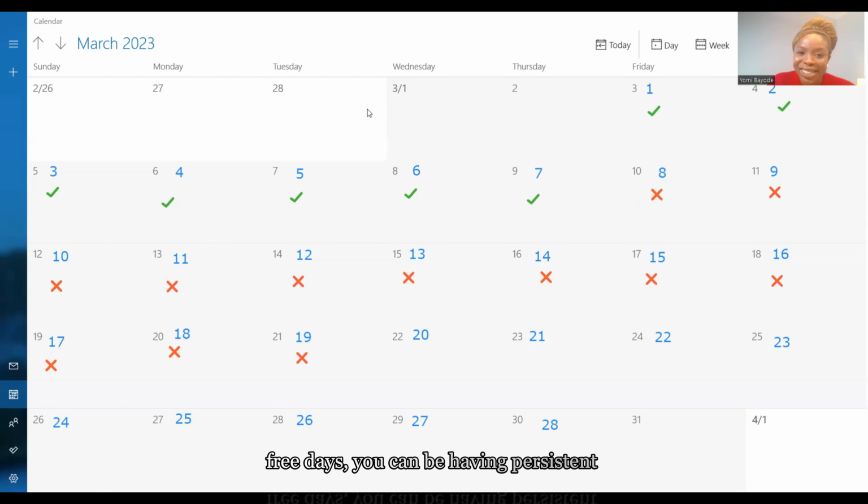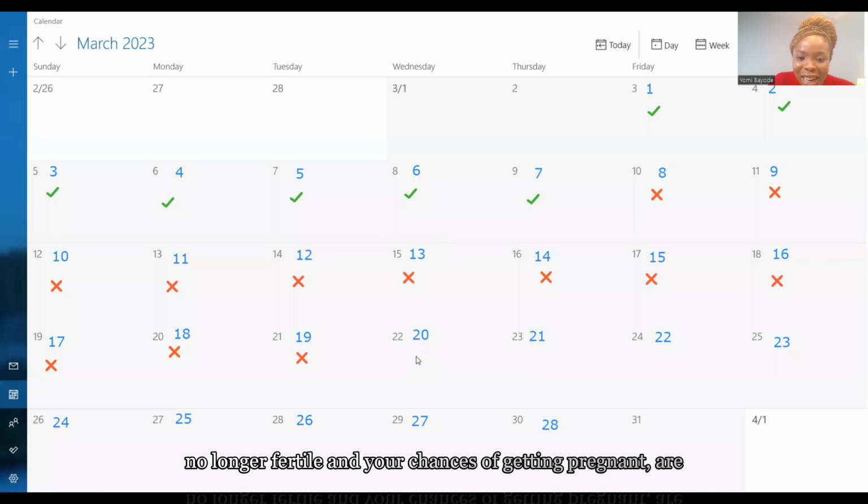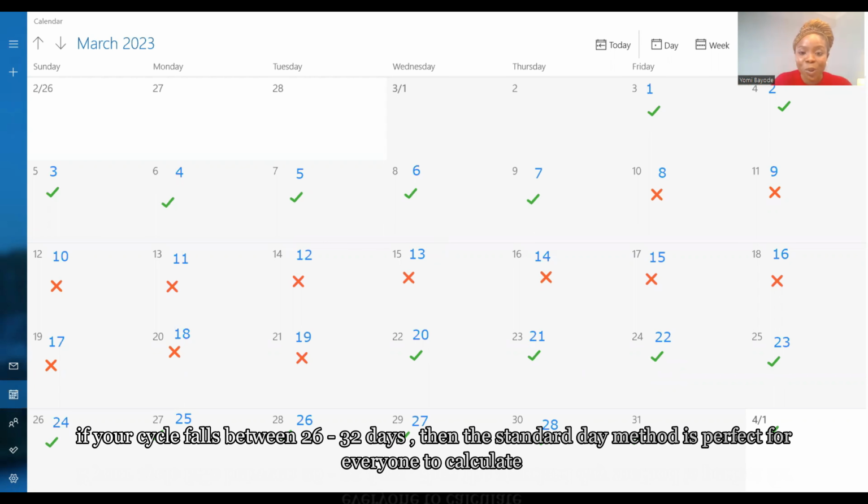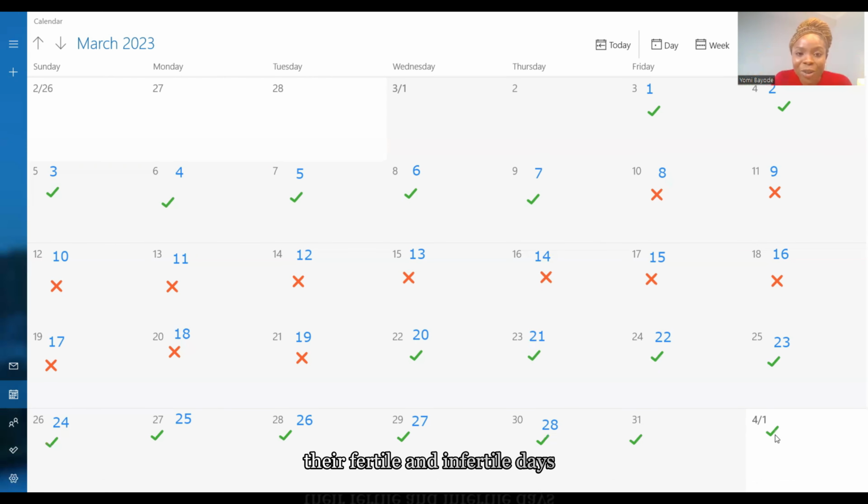You can be having consistent unprotected sex because you're no longer fertile, and your chances of getting pregnant are very, very low. They are the lowest. If your cycle falls between 26, 27, 28, 29, 30, 31, 32 days, then the standard day method is perfect for everyone to calculate their fertile and infertile days, to know their safe period and their unsafe period.